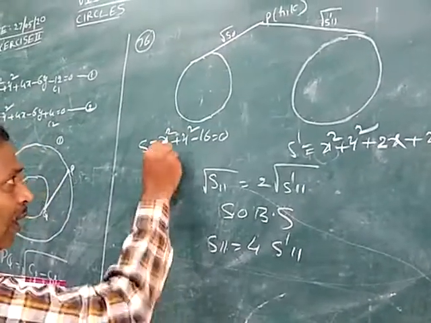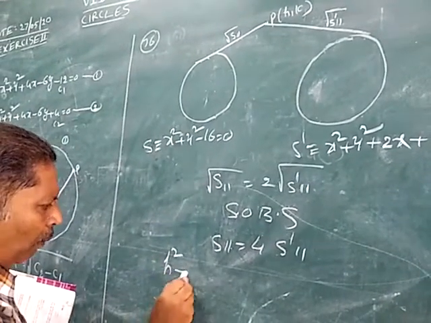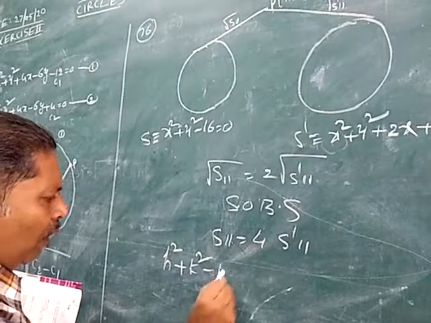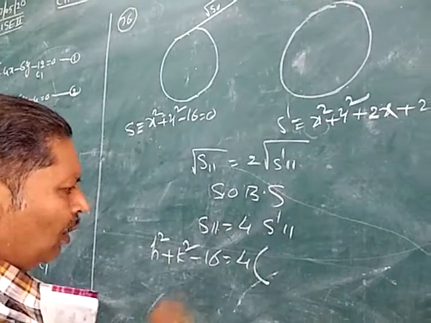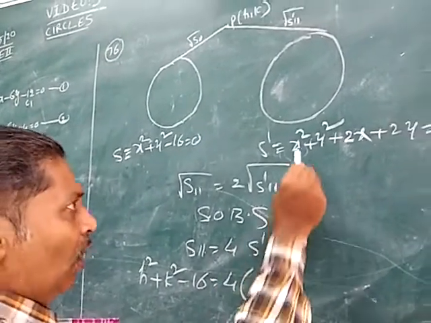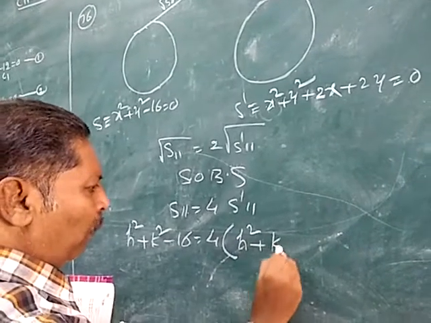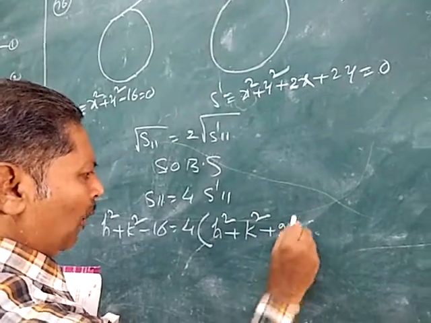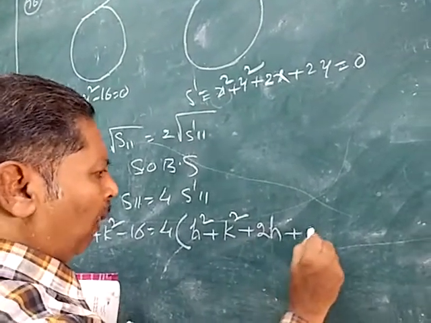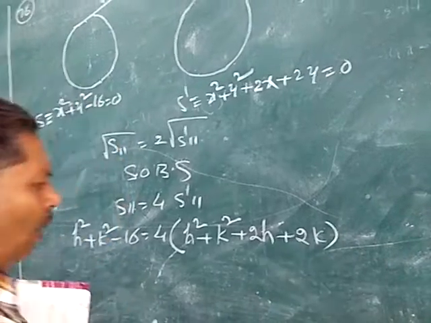S11 means h square plus k square minus 16, equals 4 into S dash 11, which is h square plus k square plus 2h plus 2k.